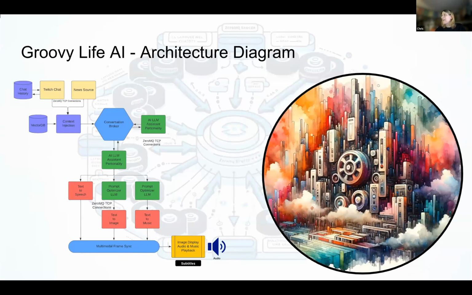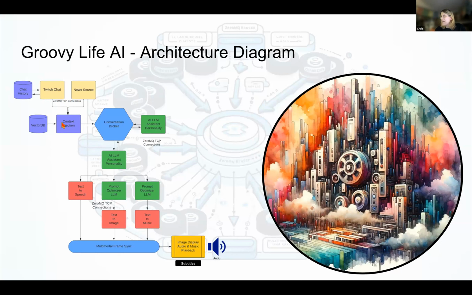So, Groovy Life AI, the architecture diagram. Basically I built a bunch of Python processes that talk through ZeroMQ, so they're seamlessly speaking together, and you have input from different sources, so you can have news, Twitch chat, and you keep histories of that.